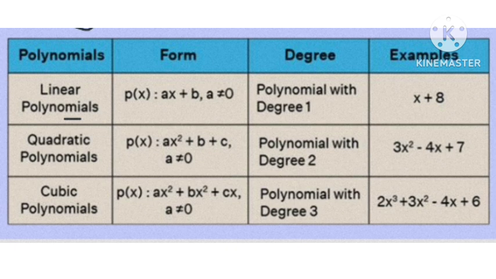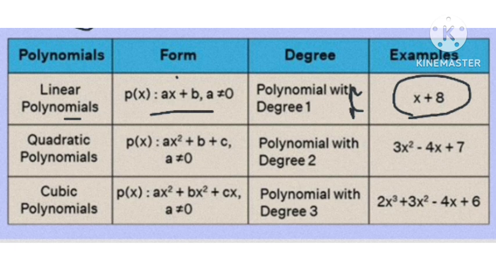It should be in the form of ax plus b, and the degree of the polynomial is 1 because the power of x is 1. For example, x plus 8. What is the degree? 1, because the power of x here is 1 and it is a linear polynomial.